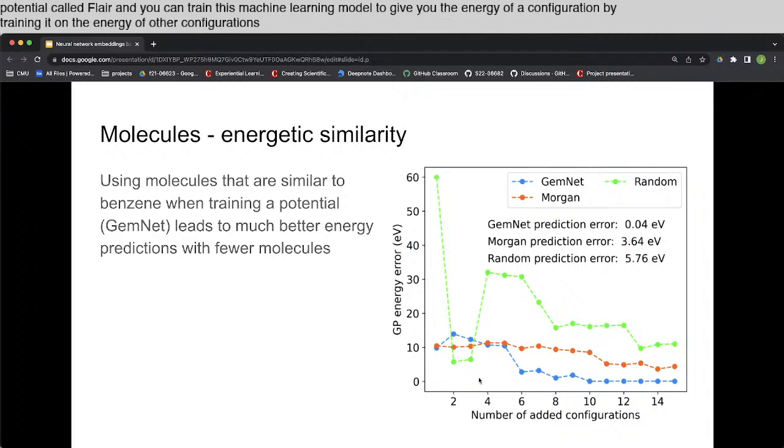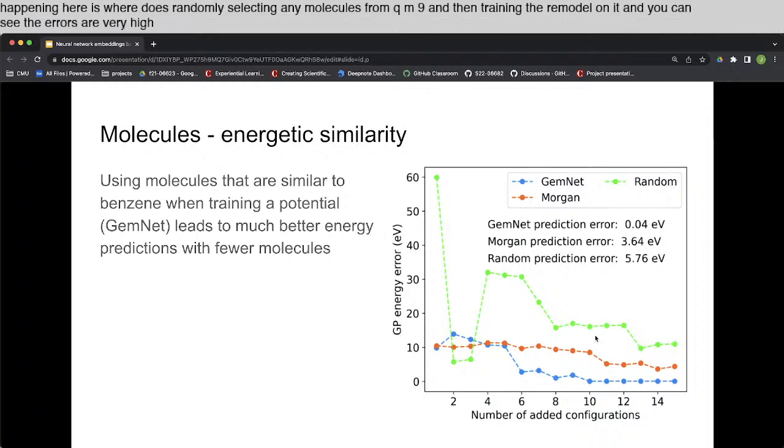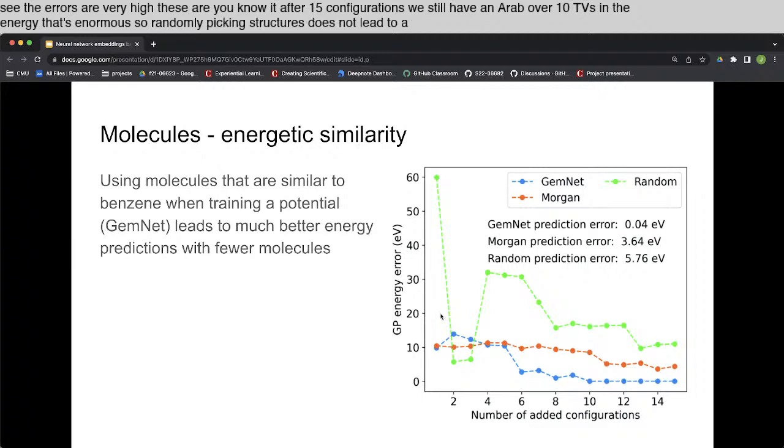If we look at the green line, what's happening here is we're just randomly selecting any molecules from QM9 and then training the FLARE model on it. And you can see the errors are very high. After 15 configurations, we still have an error of over 10 eV in the energy. That's enormous. So randomly picking structures does not lead to a very good model.